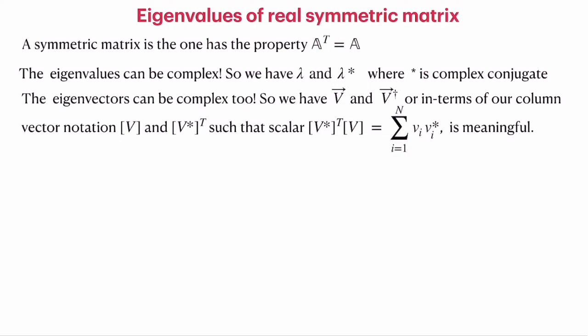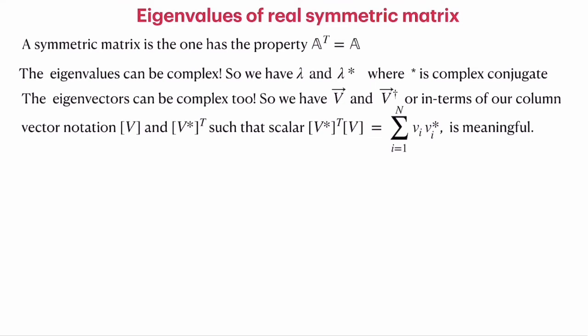In terms of column notation, if V is a column vector, then V dagger is simply a complex conjugate and transpose done together. They commute, so you can take the transpose first and the complex conjugate later.